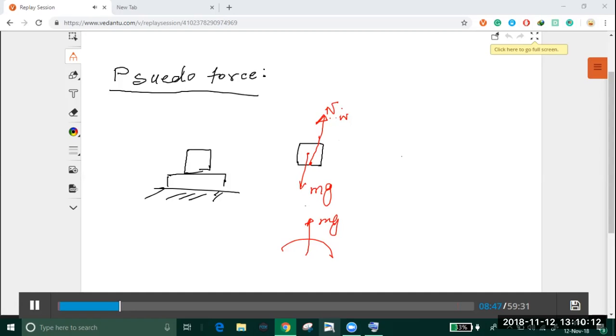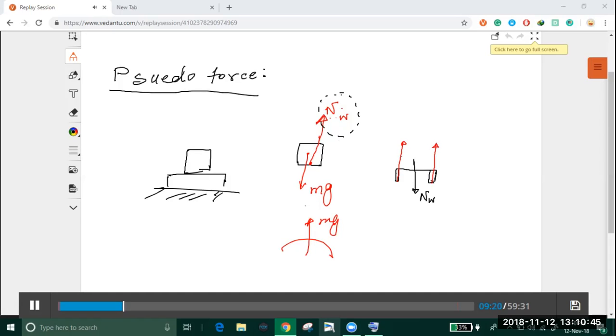Now since this normal is generated because of the weighing machine in contact, there will be a reaction of this normal, and this will be on the weighing machine. And W, and there is also the normal force on the legs of the weighing machine because of the earth contact.